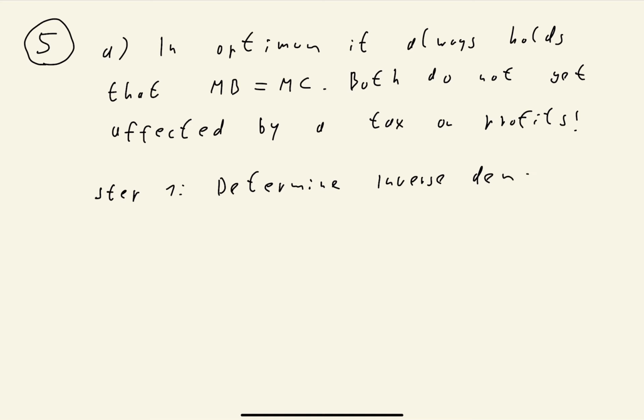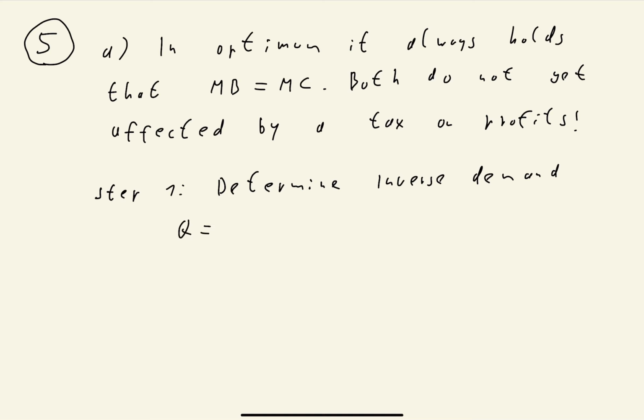Since the company is a monopolist, it can either choose the price or the quantity, so it doesn't matter for the final result, but it's easier to work with the quantity since the costs here are expressed in terms of quantity. So we first need to determine the inverse demand, so not the quantity as a function of the price, but the price as a function of the quantity.